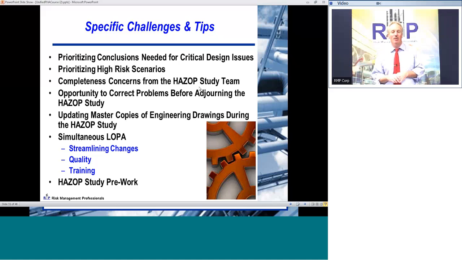Prioritizing high-risk scenarios. One of the more fun jobs I did was several years ago when somebody was doing a hydrotreater, and they said, look, we're pulling this together. It's moving fast. Steve, just go ahead. You pick the scenarios. Just pick some representative scenarios in these different areas, and let's just address those. That was fun. It was challenging, of course, but that's the fun part of HAZOP facilitation.